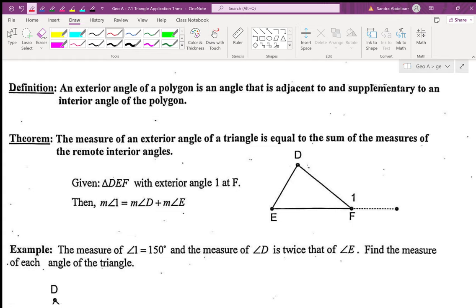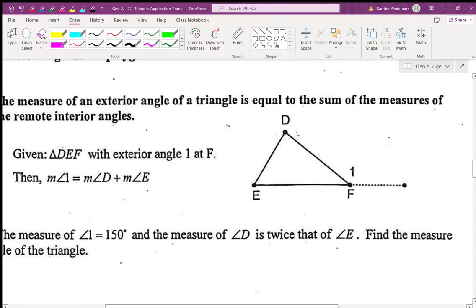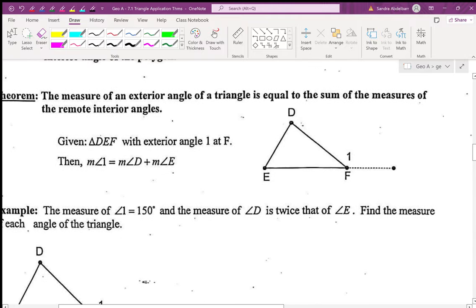I may have skipped this, but when you have an exterior angle, there's names for the interior angles. So the outside angle is called the exterior angle.